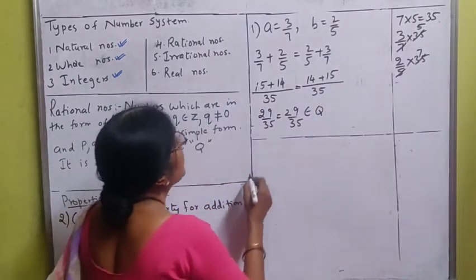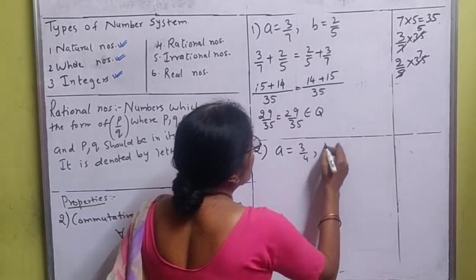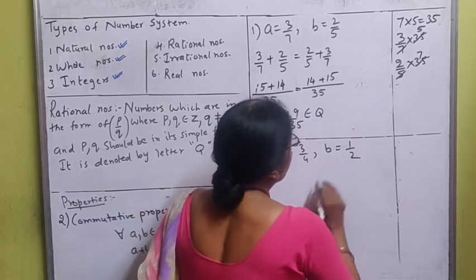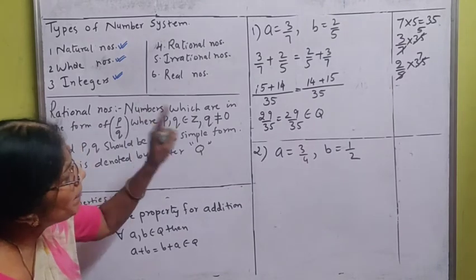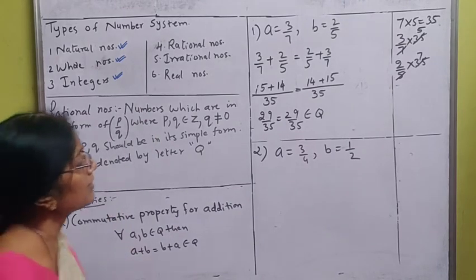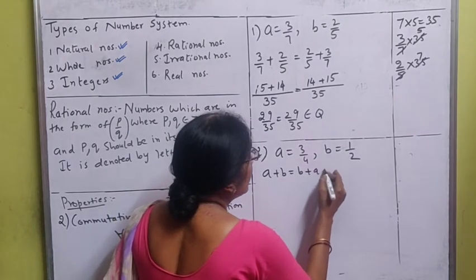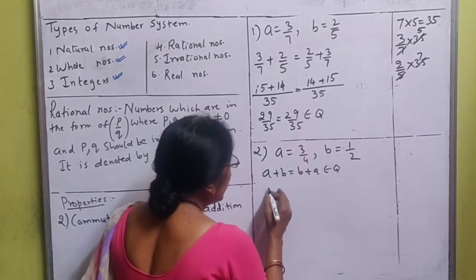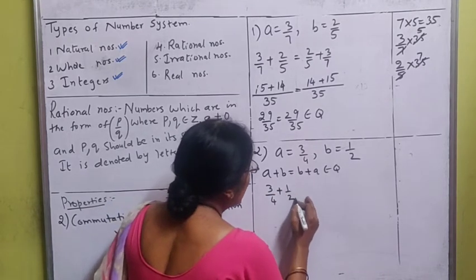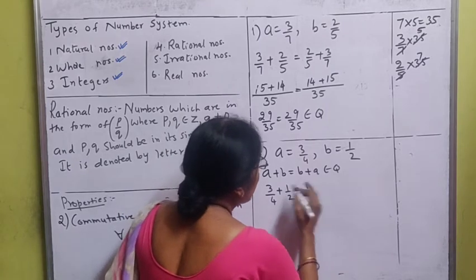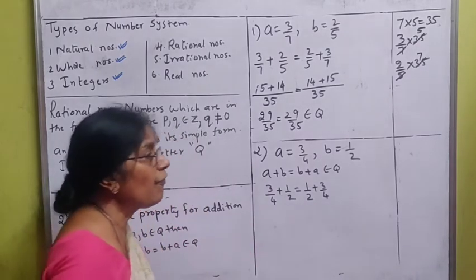Now let us take the second example. Second example, A is equal to 3 by 4, B is equal to 1 by 2. So what shall I do? Again the same thing. A plus B I should prove it is equal to B plus A, which should belong to Q. What is A value? 3 by 4 plus, what is B value? 1 by 2 is equal to same reverse, 1 by 2 plus 3 by 4. 2 and 4.